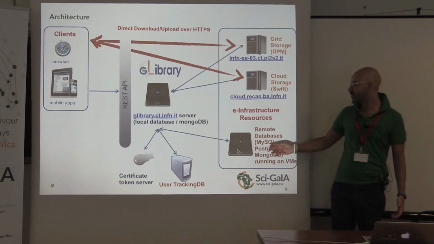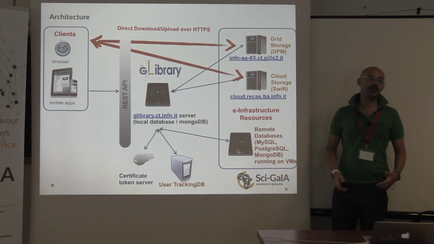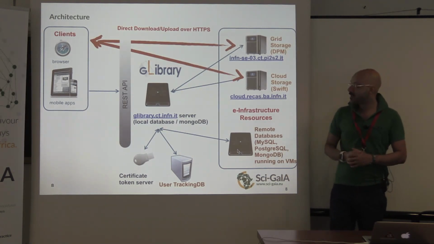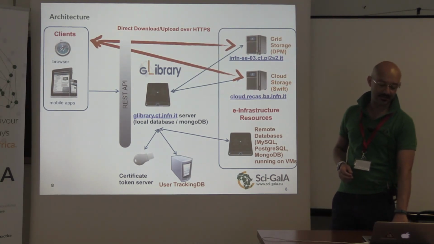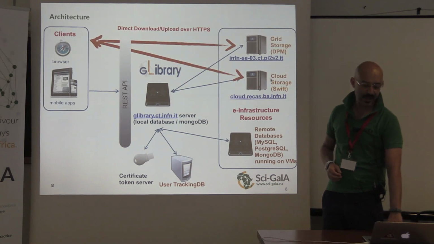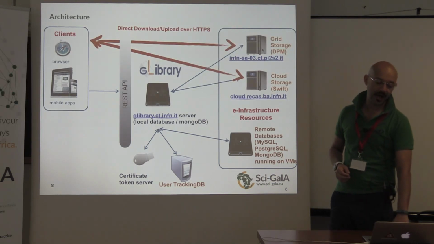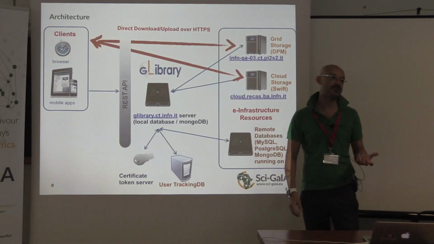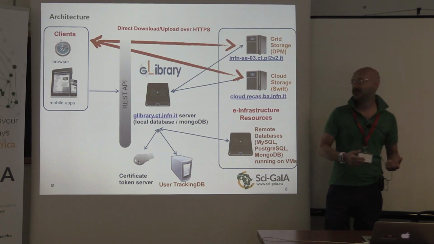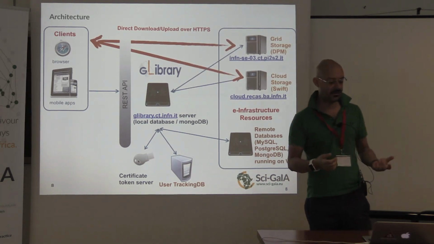As we have said, we support MySQL, Postgres, MongoDB, that, for example, are running on virtual machines on some cloud. And it lets the client access grid storage and cloud storage. In the case of grid storage, to handle authentication, we use an external service, a certificate token server that provides a proxy for accessing grid storage, because for grid storage you need to use an X509 digital certificate or proxy.